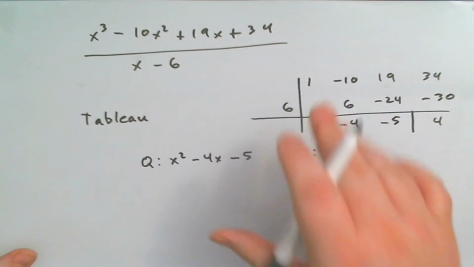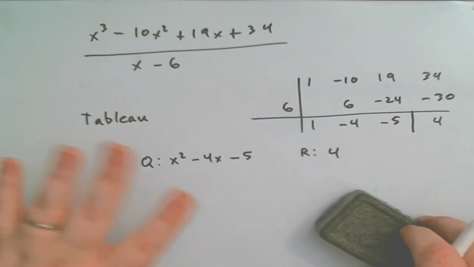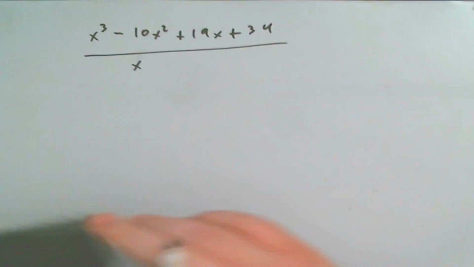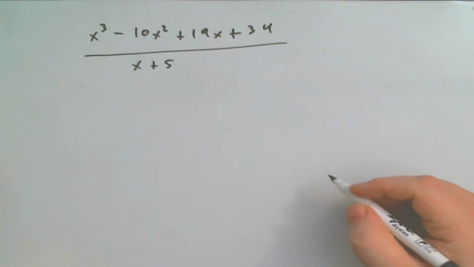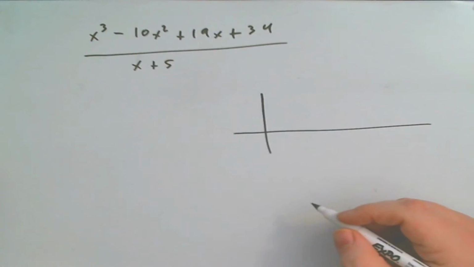Suppose we take the same example, just to see how this works again. We're going to change the number here. From a -6, let's say we change it to 5, and let's see what happens. It's going to be the same process. So let's do the same setup, but this time it's going to be +5. We set up our tableau as before.